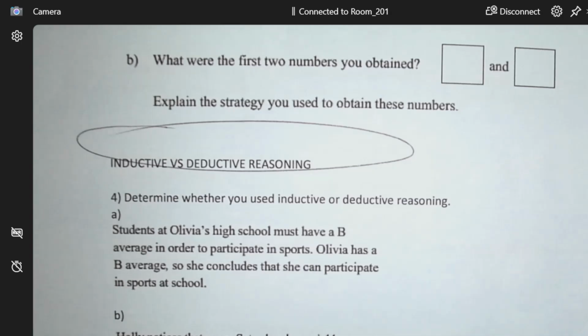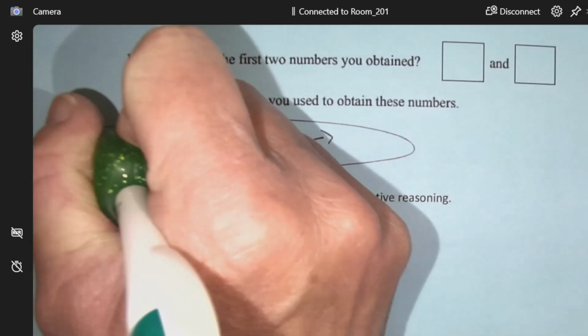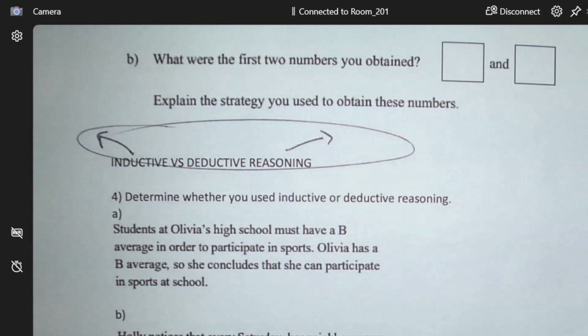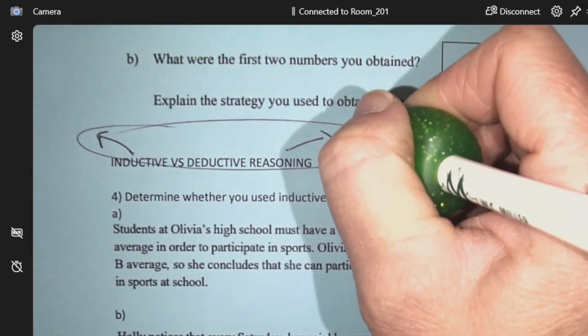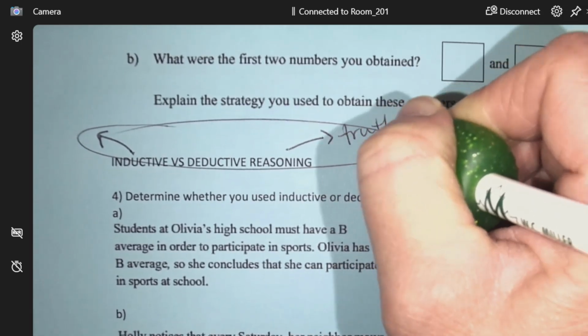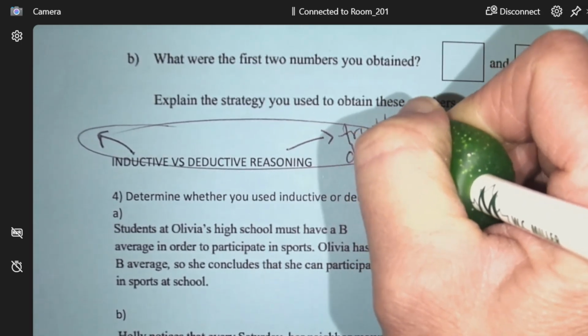Can you write those words on your cheat sheet? Can you write inductive, deductive? Those words, I want them on your cheat sheet. What's the difference? Deductive uses truth, definitions.